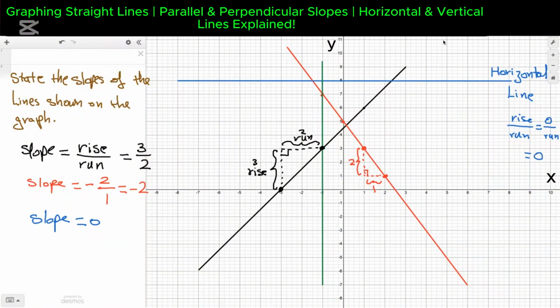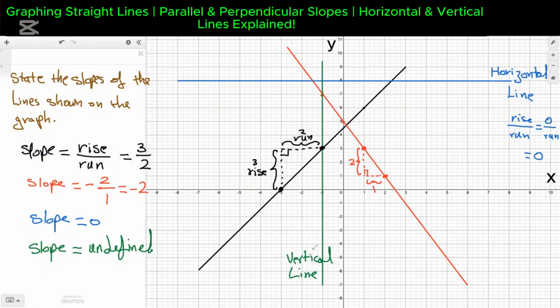Now let's go to the green line. What's the slope of the green line? The green line is what we call a vertical line. And for the slope of a vertical line, you could just remember that it's undefined. So horizontal, it's 0.